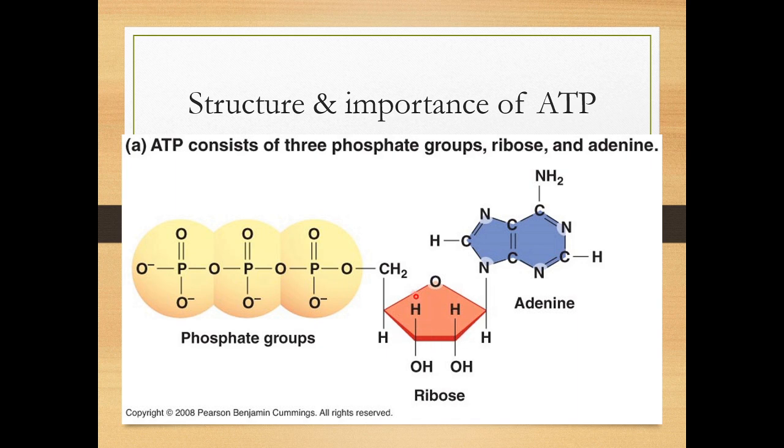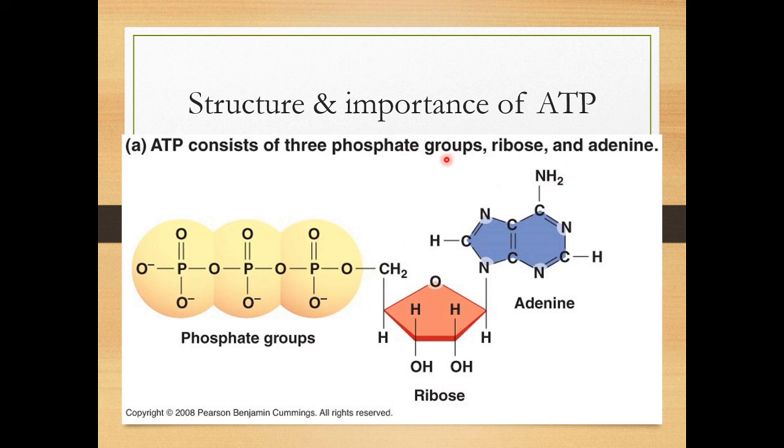It's a ribose sugar because the oxygen is present in the second carbon position, and this is attached to adenine through an N-glycosidic bond, and to this three phosphate groups are attached through the ester bond. Three phosphate groups are there.